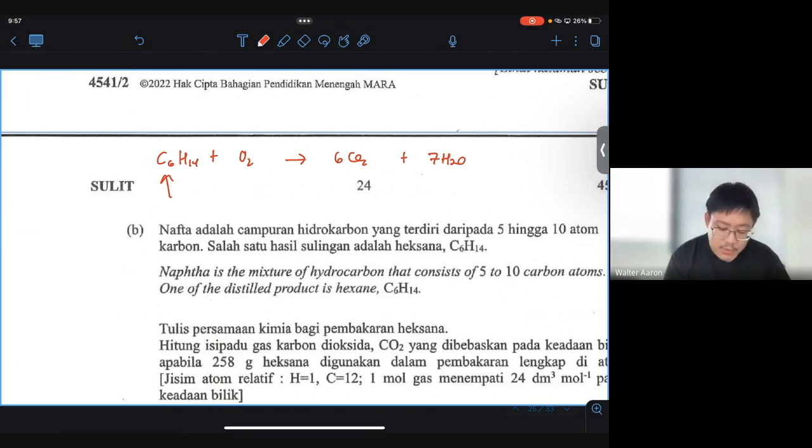Supposedly okay, but you realize it's an odd number. If it's an odd number, you have no choice but to put a fraction on your oxygen, which you don't want. So what do we do? We times 2 the whole thing, easier.